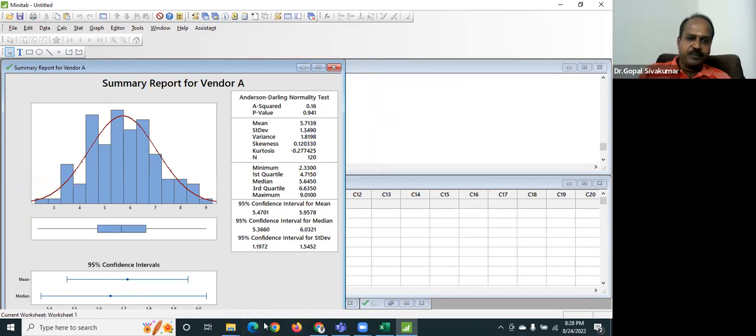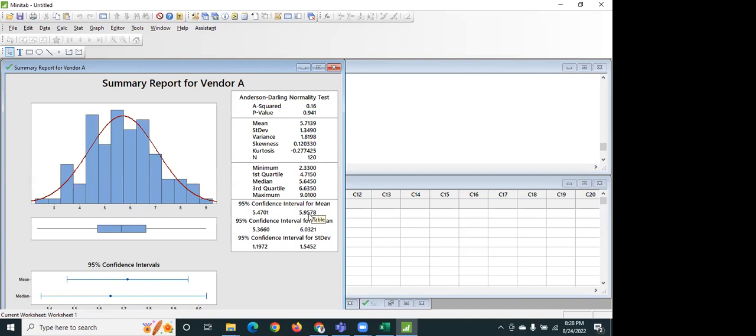And now you can also look at the other statistics given: mean, standard deviation, variance, skewness, kurtosis, so many things. And minimum, first quartile, median, third quartile, maximum. Look here, 95% confidence interval for mean. How much is the mean here? 5.71. What is the upper confidence limit? 5.95.